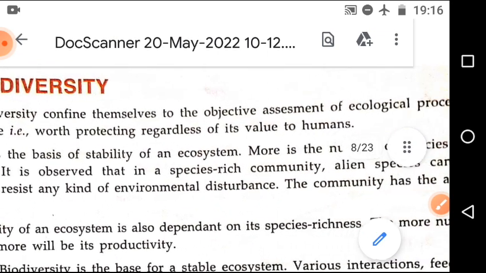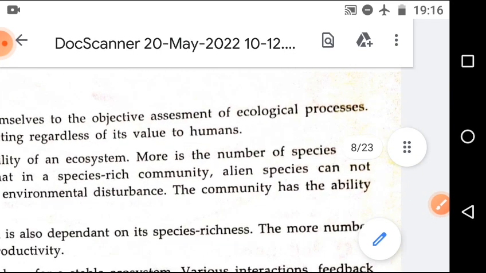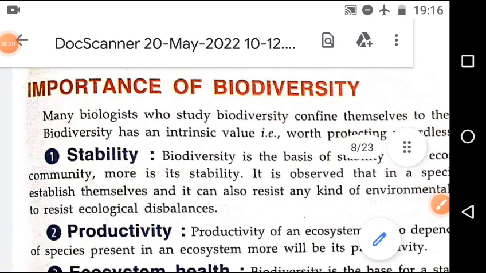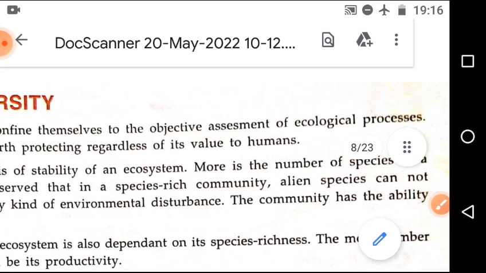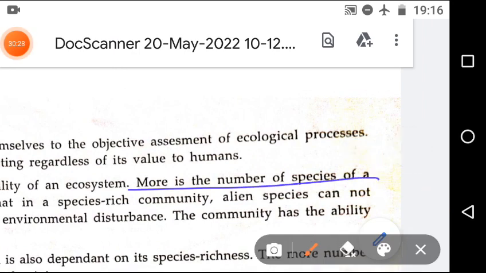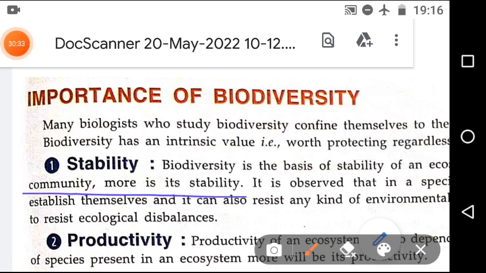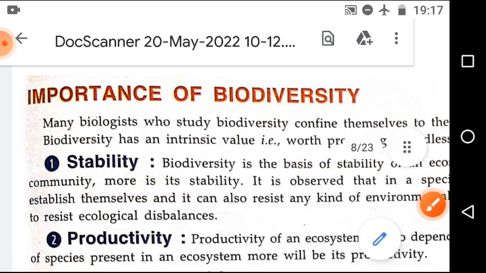More is the number of species of a community, more is its stability. Again I repeat, more is the number of species of a community, more will be the stability. So if there is more species richness, more will be the stability of that particular community, that particular ecosystem.